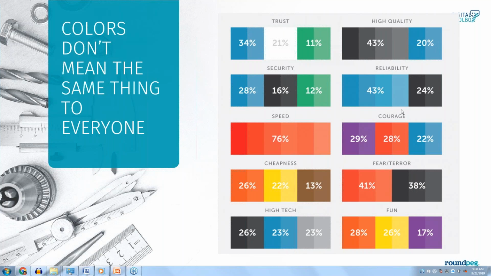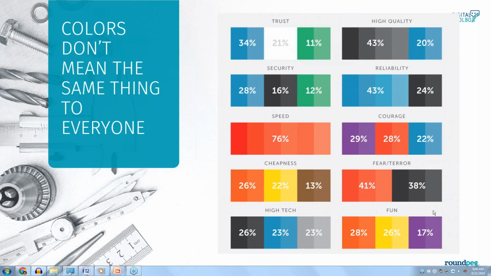Quality, blues and blacks. Reliability, security. And tech also, blues, greens, and grays. On the other hand, if you're going for more fun, well, that's where your yellows and oranges and purples come in. Scary, red and black.